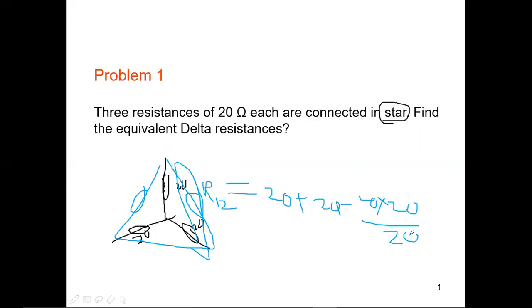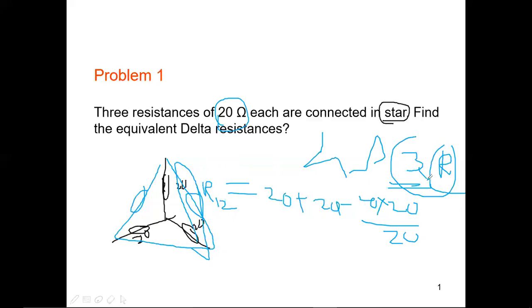If this type of question comes in your multiple choice or competitive exams, and there are equal values of resistance, we solved one formula in the previous problem: while converting star to delta, my value will be 3 times R. Now my R is 20, so the value will be 60 ohms for each arm of the delta.